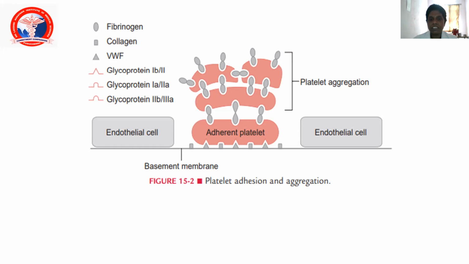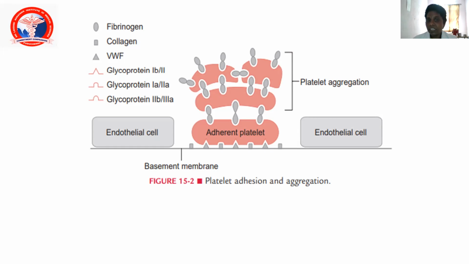And once the platelet is activated, it is going to release a substance, ADP especially. We all know where it has been released from. It has been released from the granule. So the granule will promote the adhesion and aggregation of the platelets to stop the bleeding.